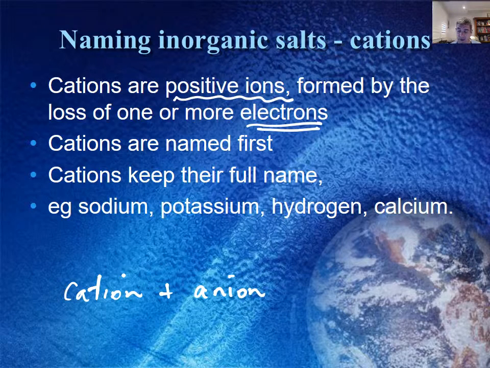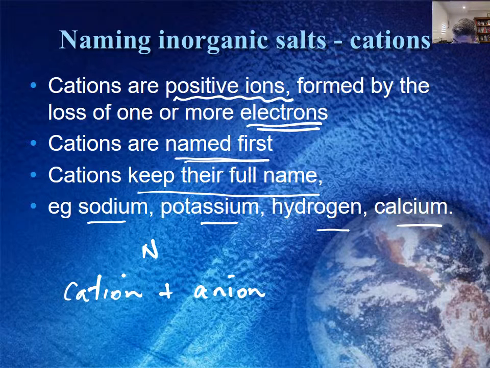The important thing about cations is they are the ones that are named first, and they keep their full name. So the first part of a compound that contains sodium or potassium or hydrogen or calcium gets named on the basis of that ion first. Where we have a sodium compound, sodium retains its full name.